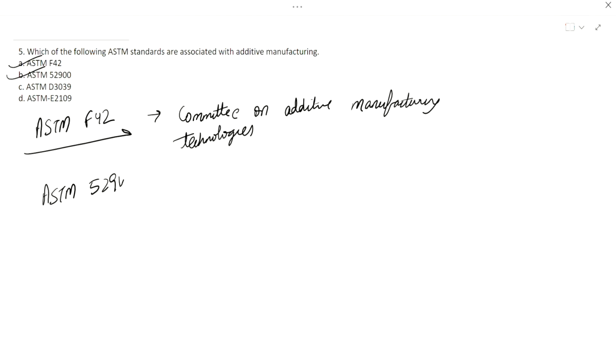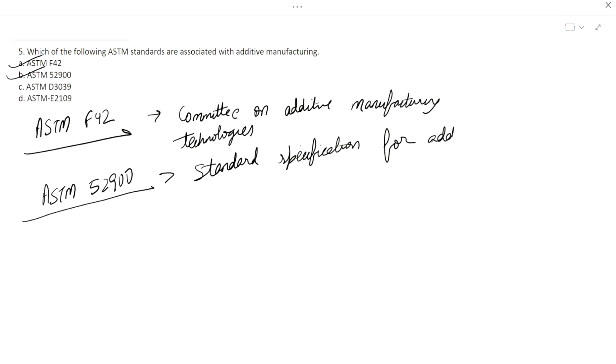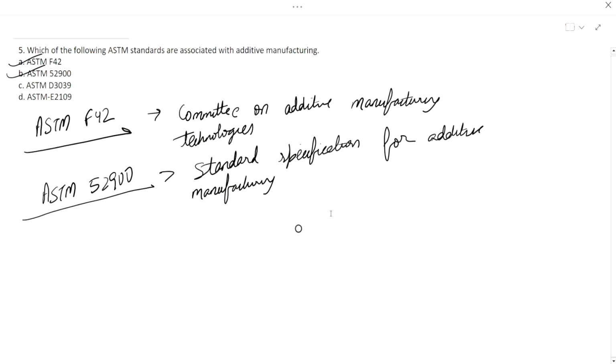ASTM 52900 is the standard specification for the additive manufacturing file format, AMF.